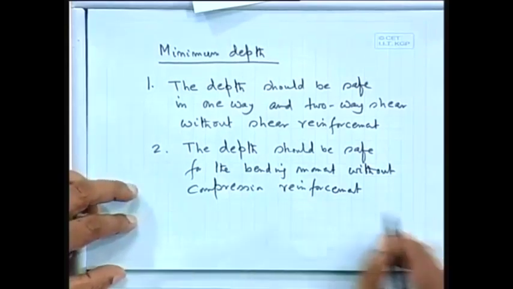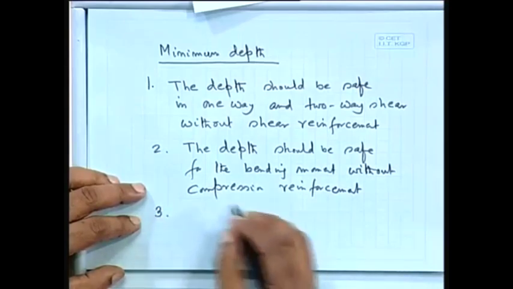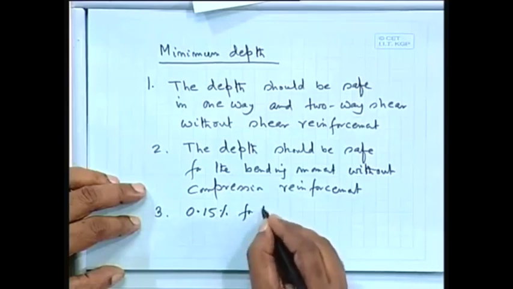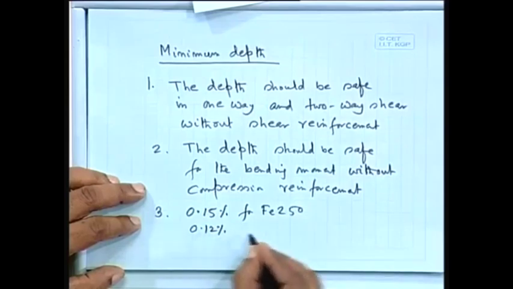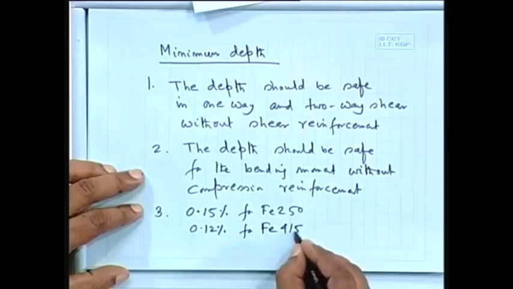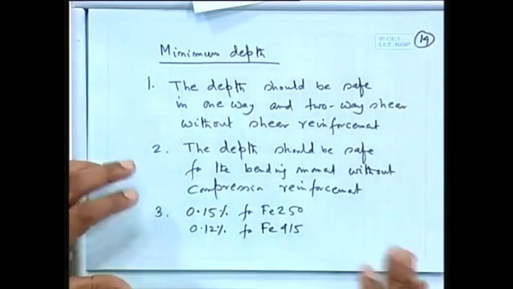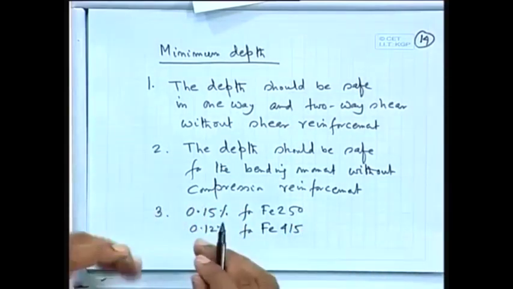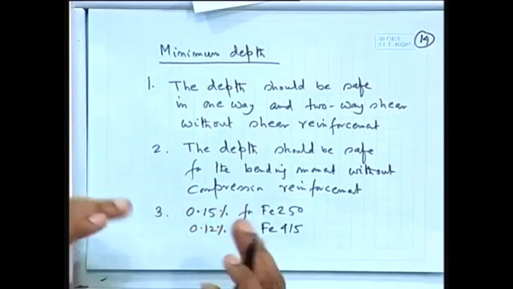So we can take this one, and I have already told that 0.15% for Fe 250, 0.12% for Fe 415 as well as 500. So this depth you have to provide, and also 150 millimeter at the edge of the footing.